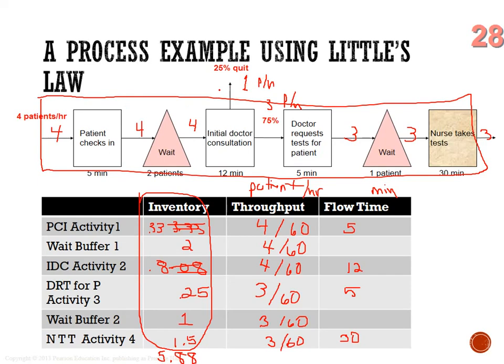Yep, because I have 1 patient exiting here, and I have 3 patients exiting here, so it's still 4 patients per hour. Okay? Right, so flow time. So if inventory is equal to throughput times flow time, then flow time is equal to inventory divided by throughput, right?